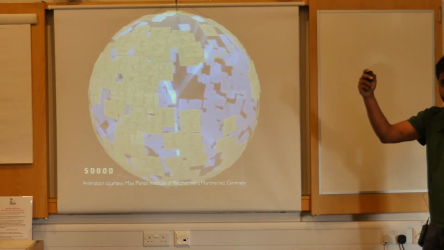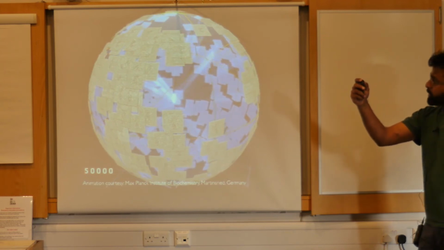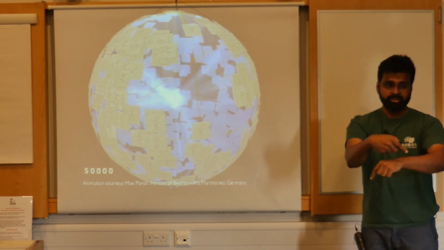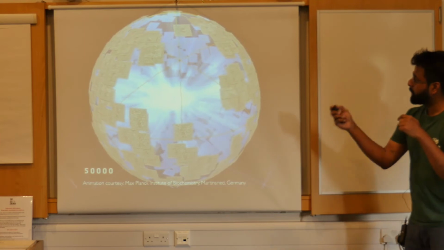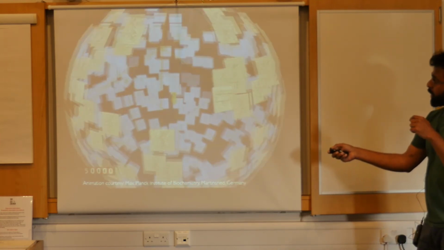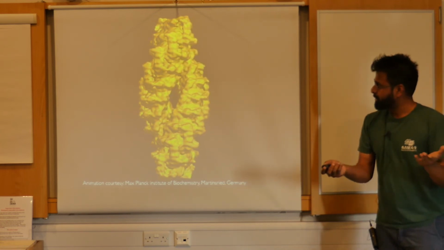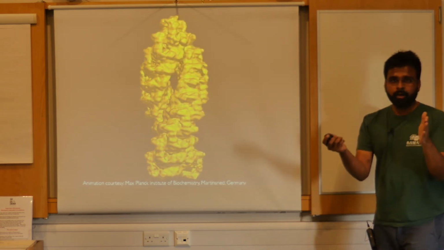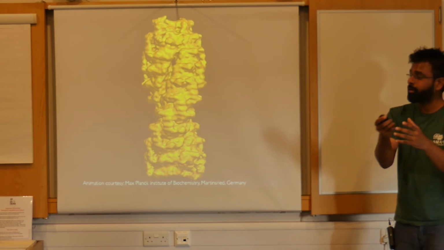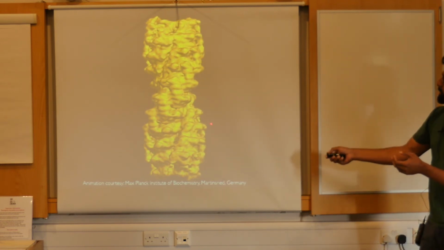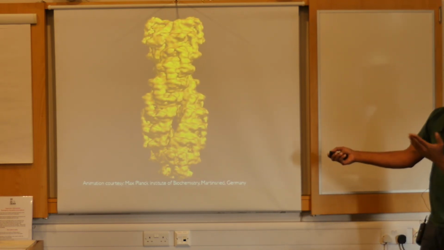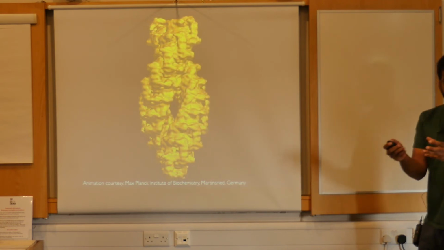And once we determine the exact angles, we do something called a 3D back projection. And now you can get a confident three-dimensional model. To make things much simpler, it's very analogous to 3D holography. But basically at the end of the day, you get atomic resolution structures of biomolecules.